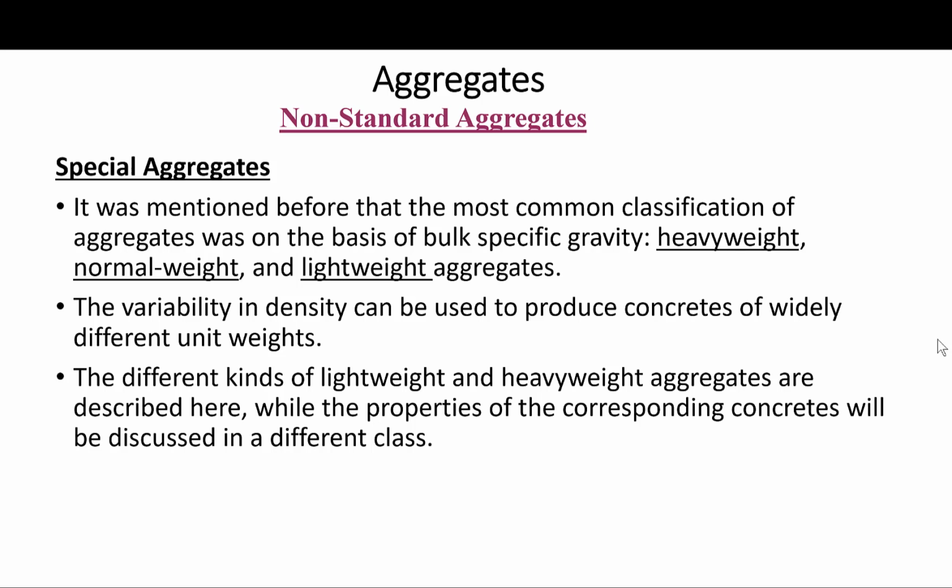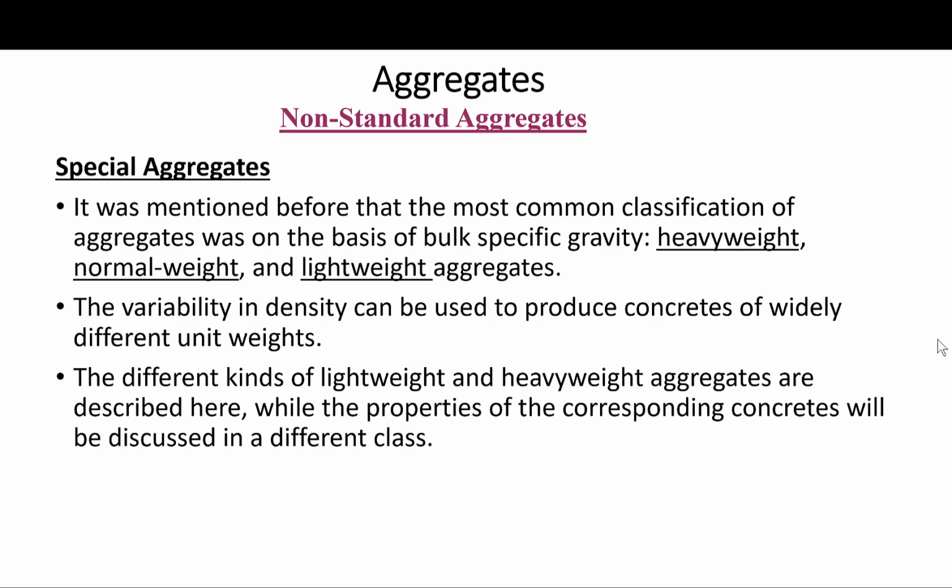Okay, so there are some aggregates referred to as special aggregates. As was mentioned before, most classification of aggregates was on the basis of bulk specific gravity: heavyweight, normal weight, lightweight aggregates. The variability in density can be used to produce concretes of widely different unit weights.